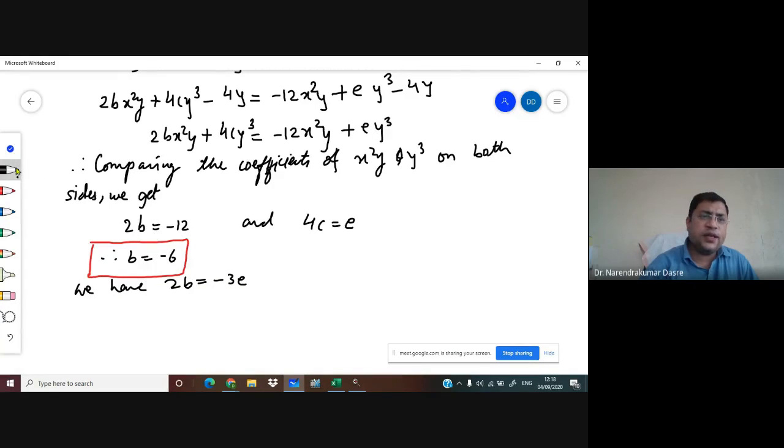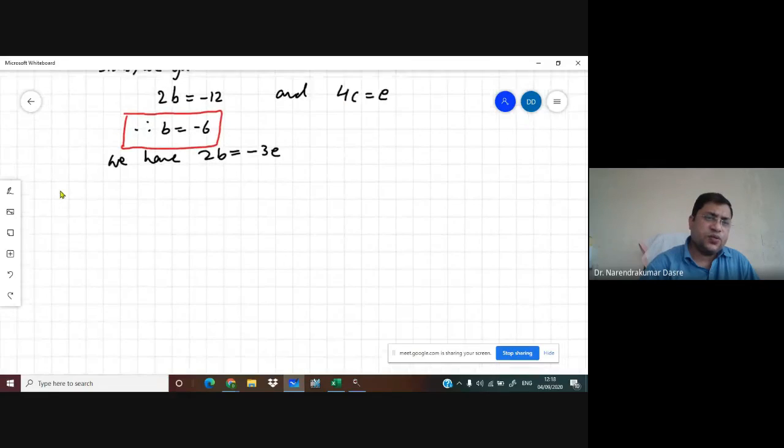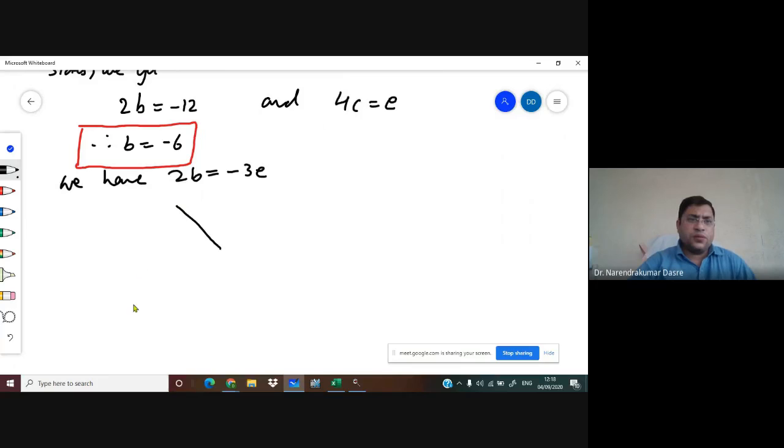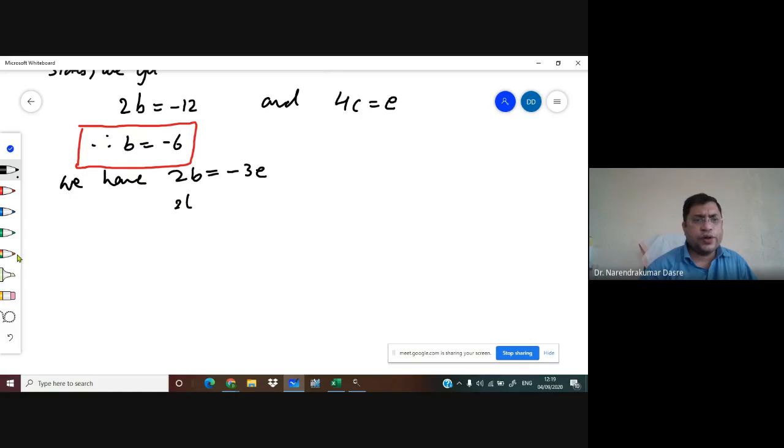So that equation we have to use, and hence we'll get 2 into minus 6 is equal to minus 3e.